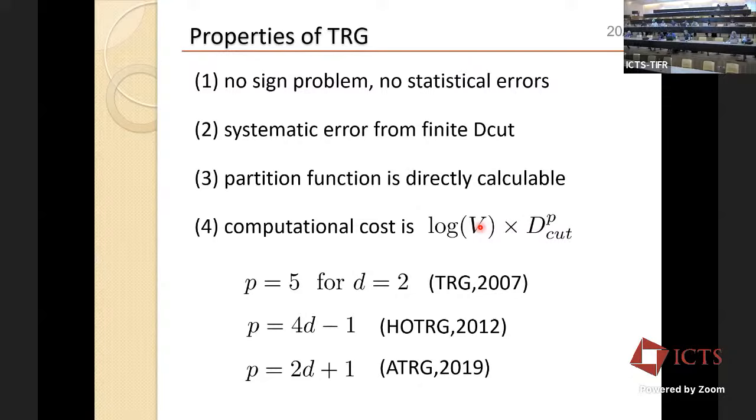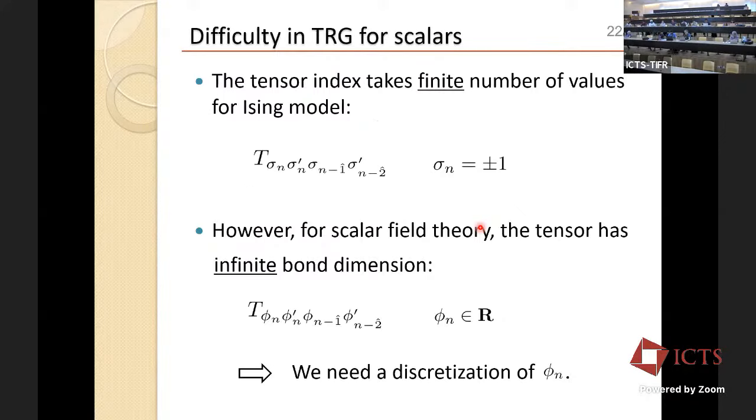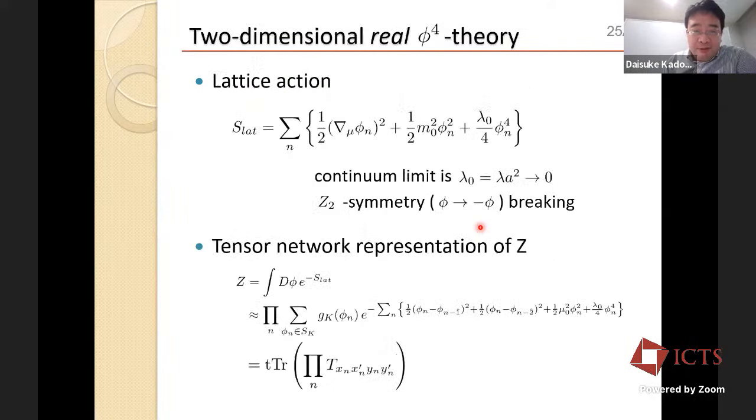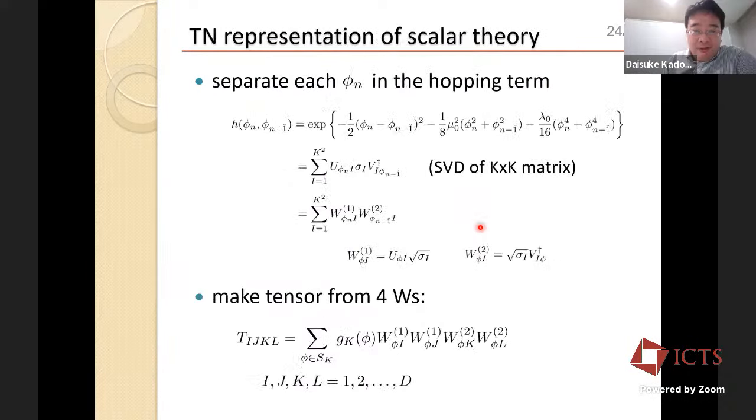since complex actions aren't a problem for you, it looks like you should be able to apply this method to Minkowski space rather than Euclidean. Is there an obstacle? To actually do real time, as opposed to Euclidean time?